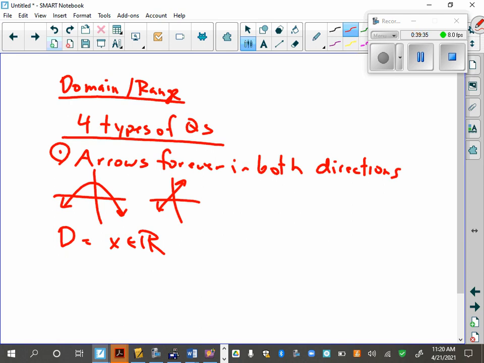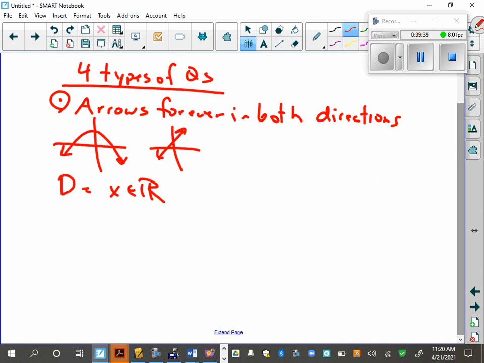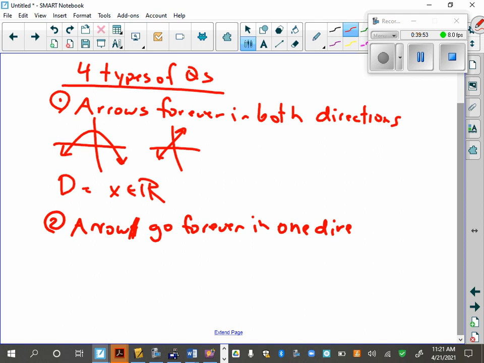Second type is an arrow that goes forever in one direction. So an example of this is if you have that, or something like that.